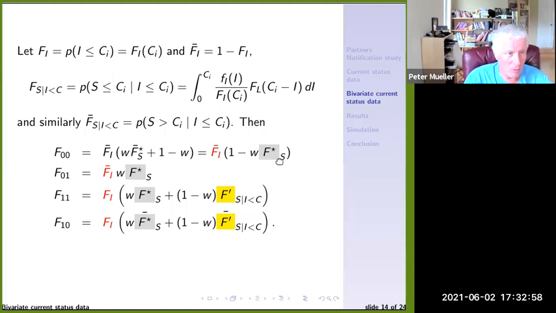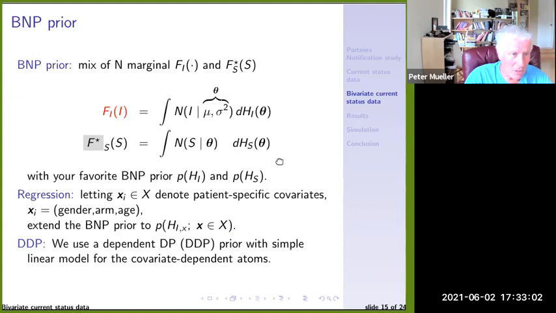And probably many of you know more about that than me. And you can use your favorite distribution. That's exactly what we do. So we assume for the common time to infection, that's the red time to infection, just a mixture of normals. For the gray time to symptom, we also assume a mixture of normals.